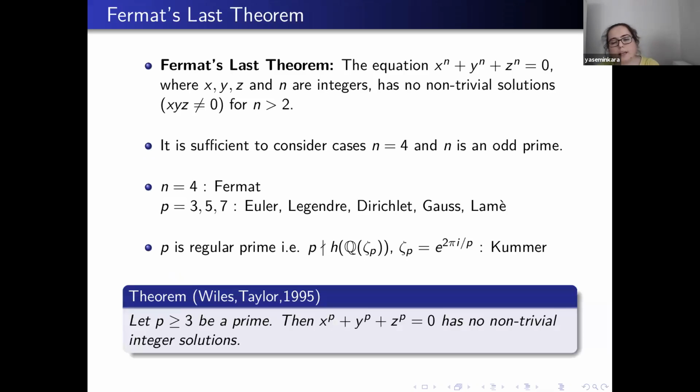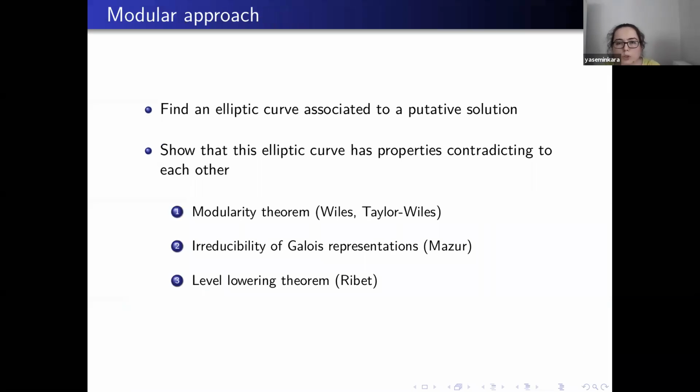Wiles and Taylor proved this statement for primes in 1995, and the approach that they used is called the modular approach. Now, let me talk about this approach a little bit. What they do is assume that there is a solution for the equation.